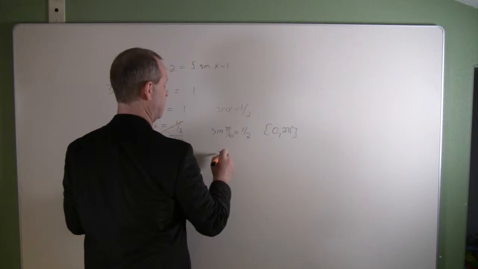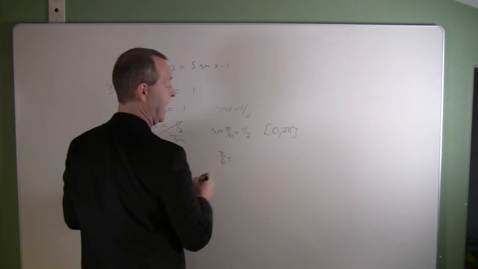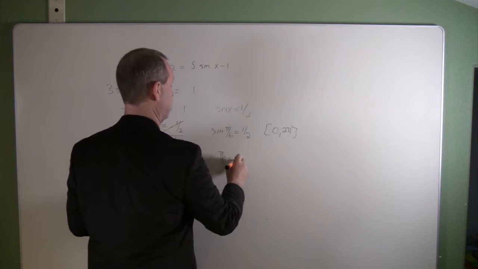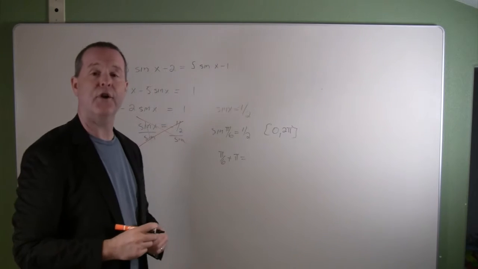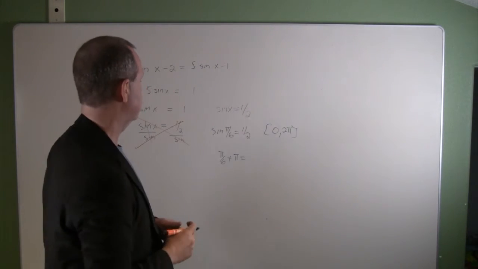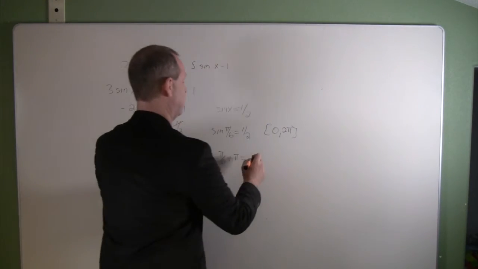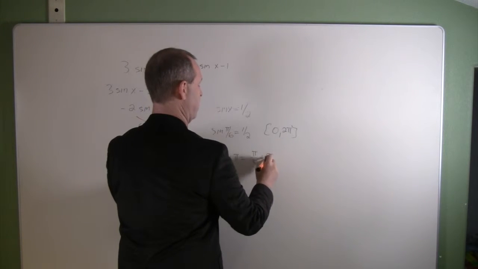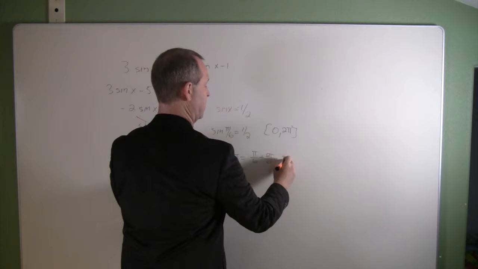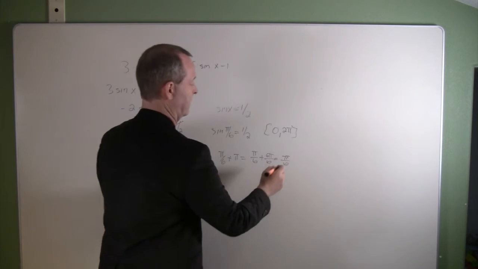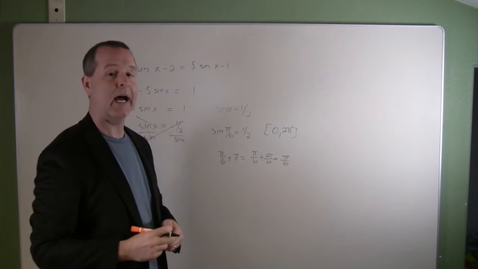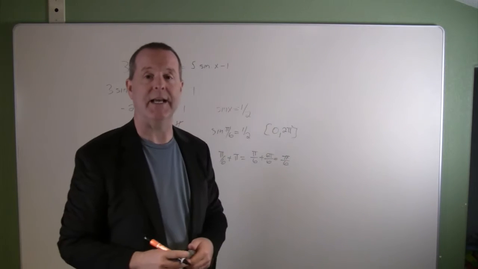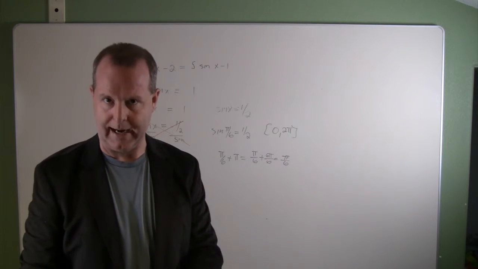So pi over 6 plus a pi puts it in the 3rd quadrant. Let's solve that: pi over 6 plus 6 pi over 6 equals 7 pi over 6. So I know the sine of 7 pi over 6 equals negative 1/2.